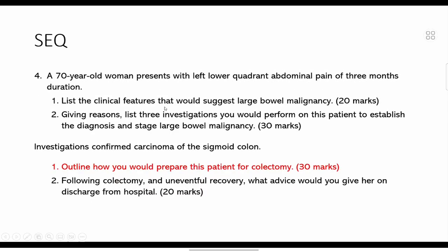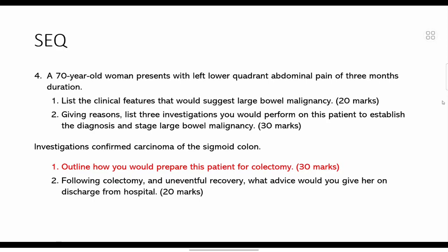The same question, no change or trick questions that they are asking. They are mentioning a case scenario and what kind of surgery. Most of the surgeries have to be done under general anesthesia, and directly they are asking to outline how you would prepare this patient for colectomy. The previous question was for right hemicolectomy, this is colectomy.